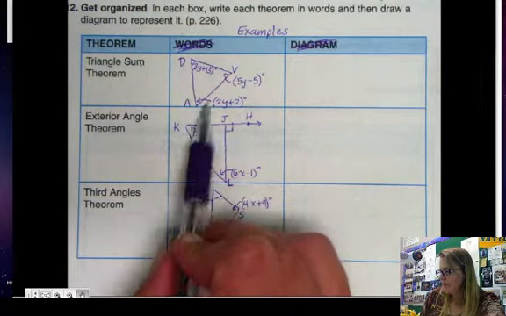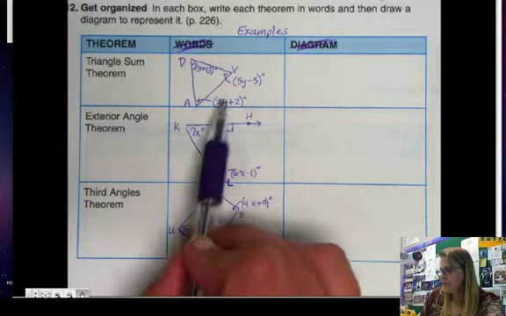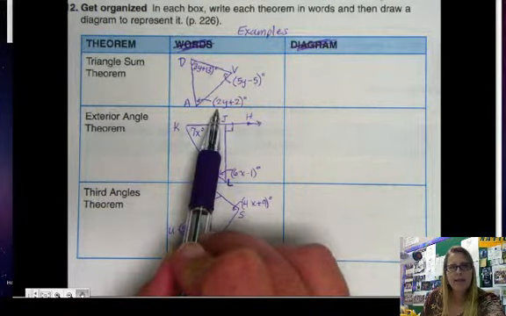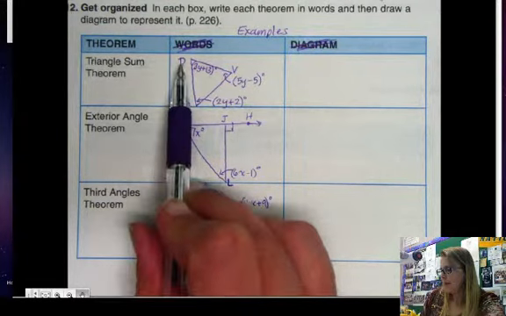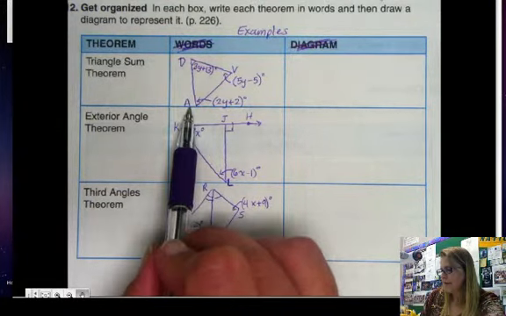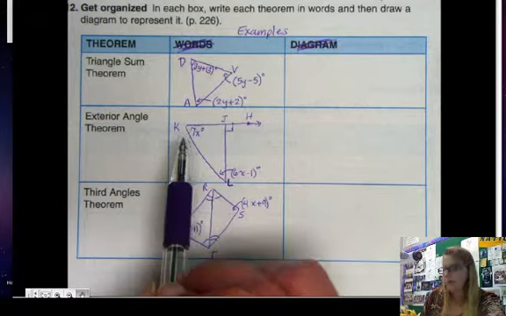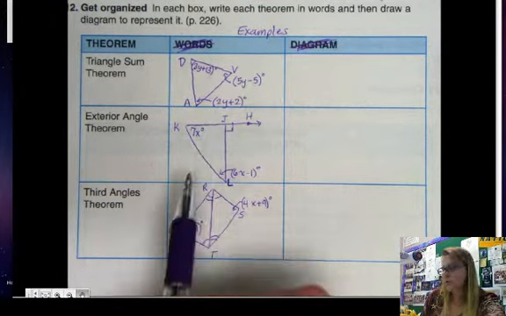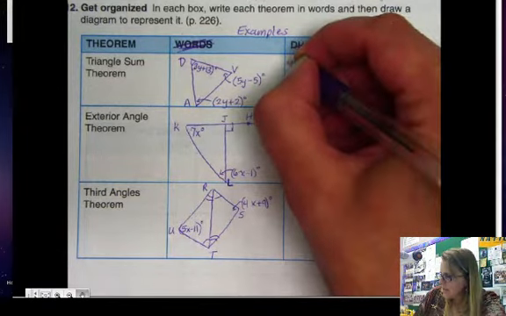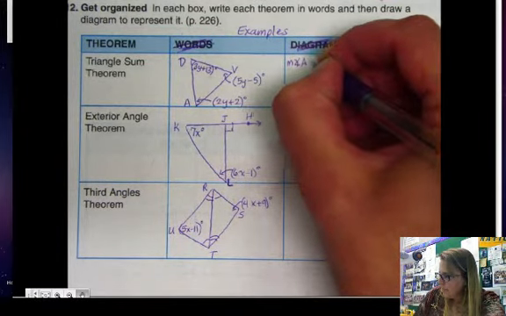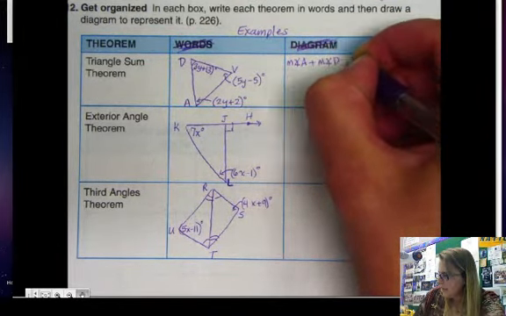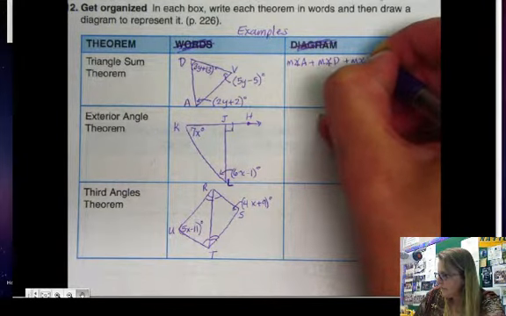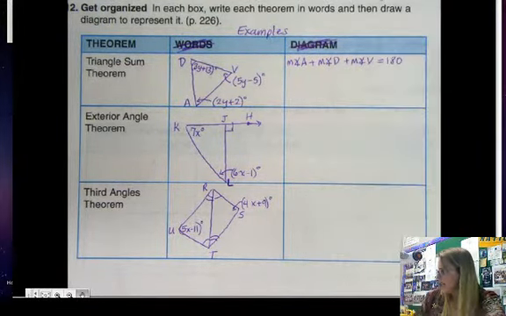Here we have a triangle, and we have three different angles here that all have y in them. And I need to find out what the measure of angle D and the measure of angle A and the measure of angle V are. So what we know then, based on the triangle sum theorem, is that they add up to 180. So I can say the measure of angle A plus the measure of angle D plus the measure of angle V equals 180 degrees.